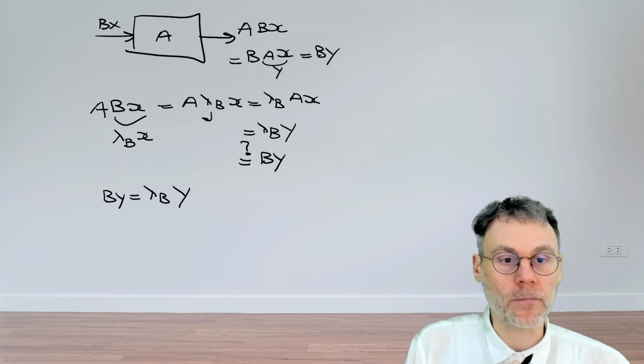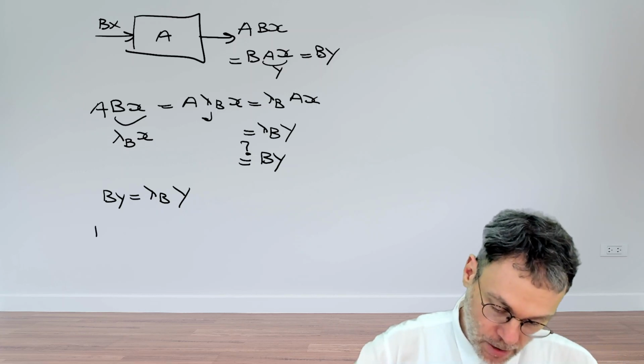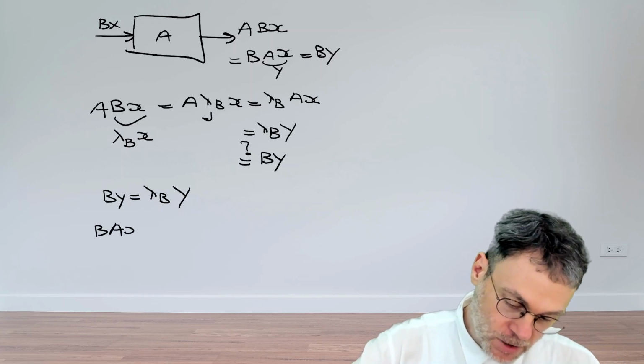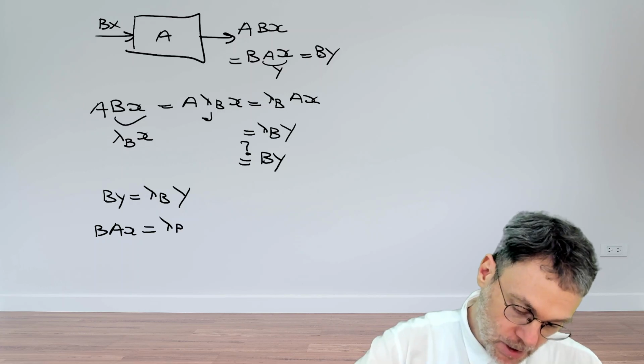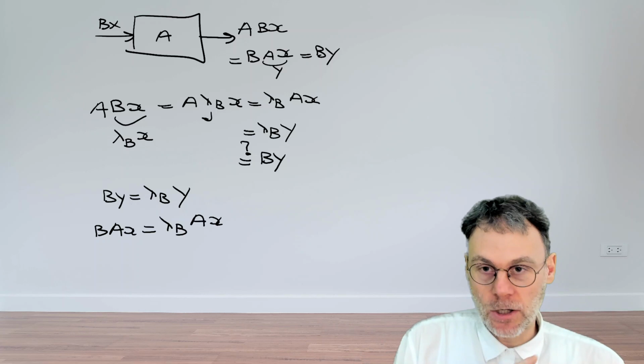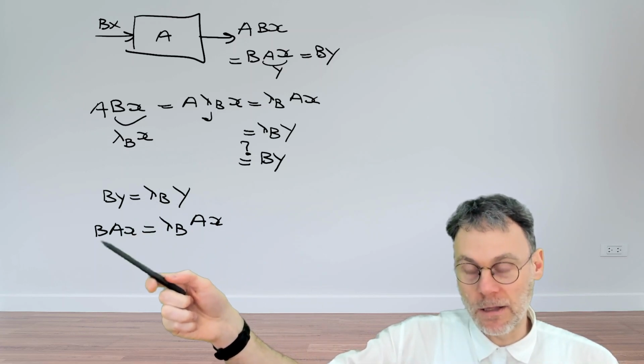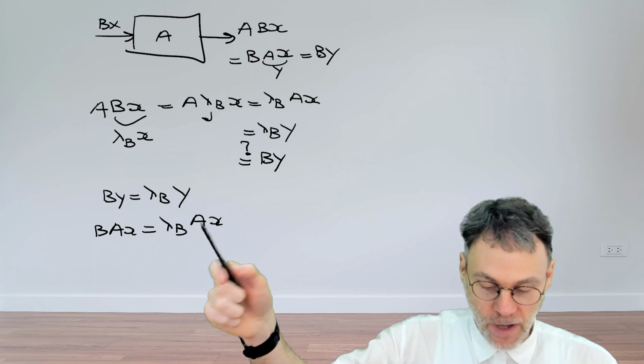Okay. And again, what is our y? Our y was actually A of x, right? So lambda_B Bax. Okay. So now we're still a bit in trouble here because we have B and A, and here we only have A.